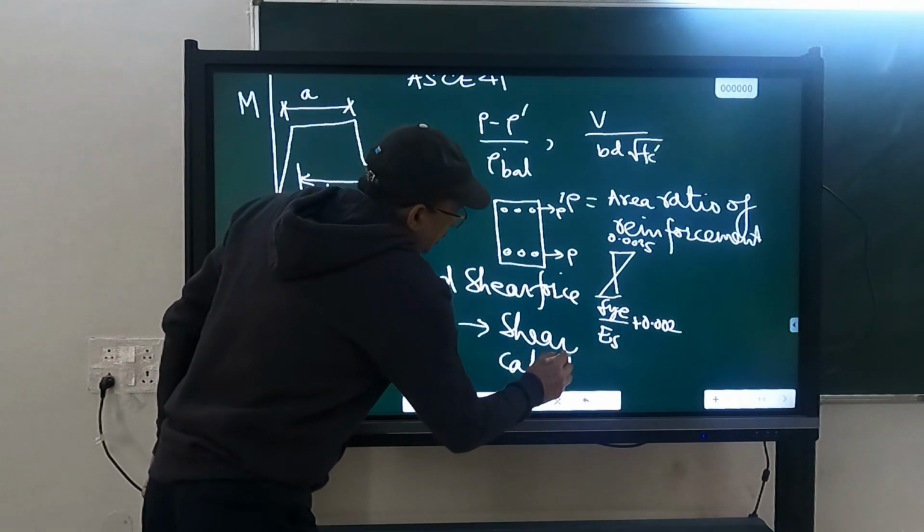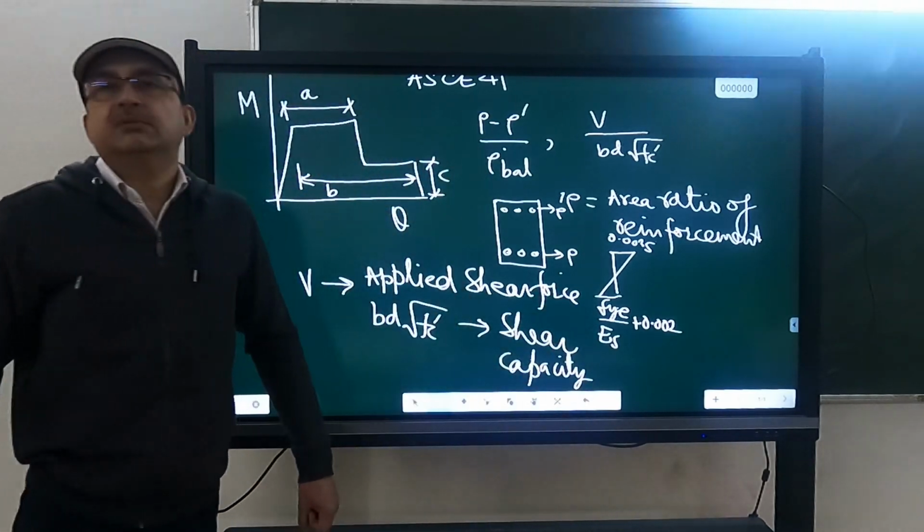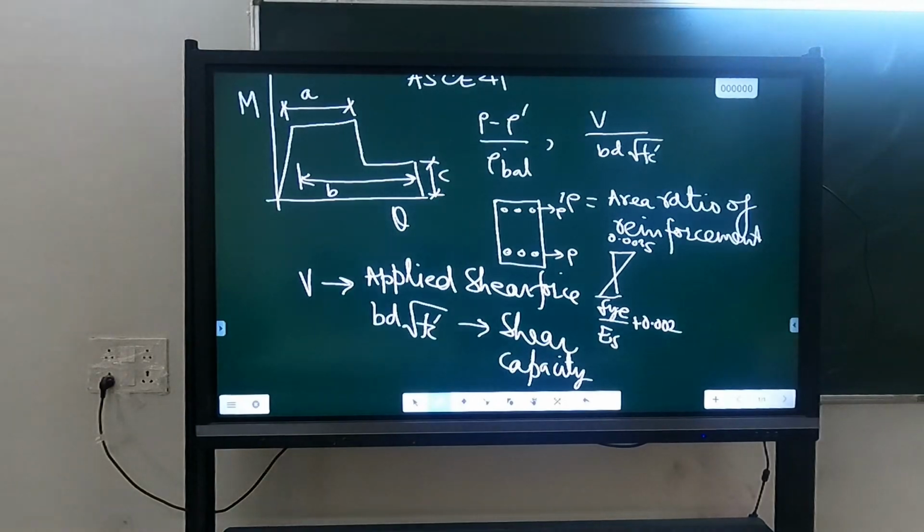It's not equal to shear capacity because a factor will come, but it is proportional to shear capacity. The square root of fc dash is proportional to shear strength of concrete, and bd is the area. V is the applied shear.